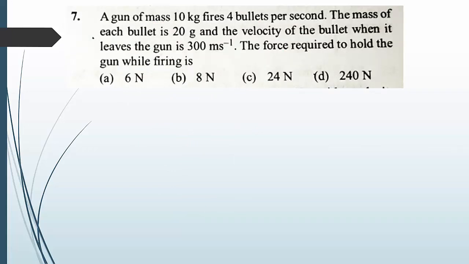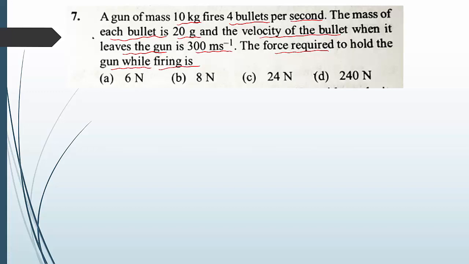Seventh question. A gun of mass 10 kg fires 4 bullets per second. The mass of each bullet is 20 gram and the velocity of the bullet when it leaves the gun is 300 meter per second. The force required to hold the gun while firing is.